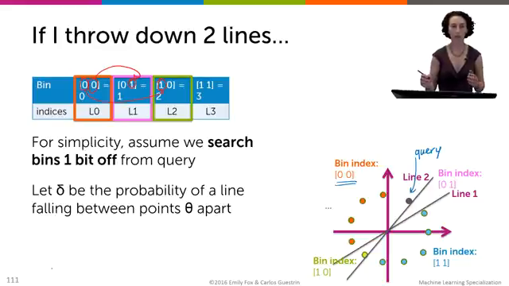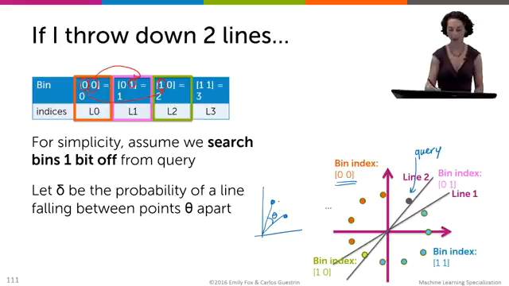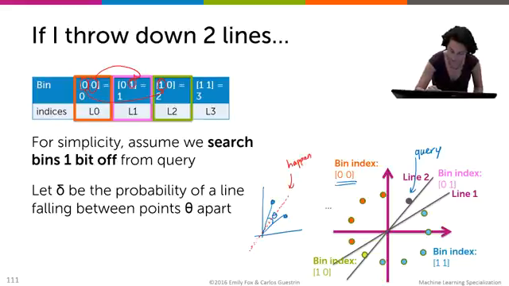And the other thing we're going to assume is that we're just going to call delta the probability of putting a line between 2 points that are theta angles apart. So if we had 2 points living in this space and they were theta radians apart, then we're going to say that the probability that a randomly placed line divides these points happens with probability delta.